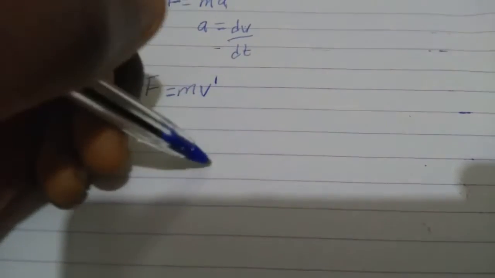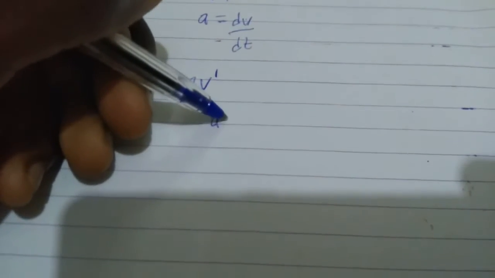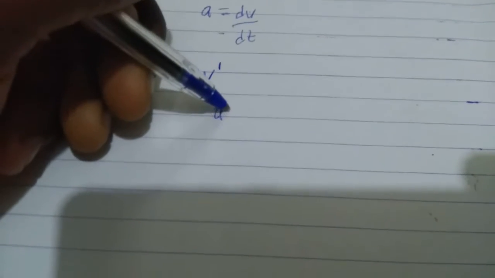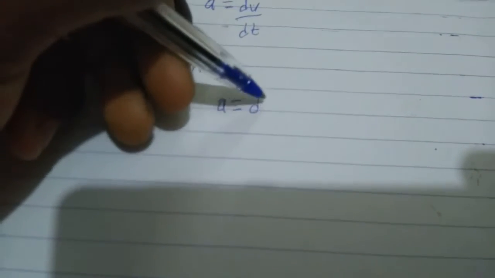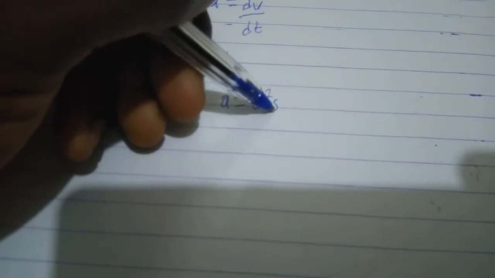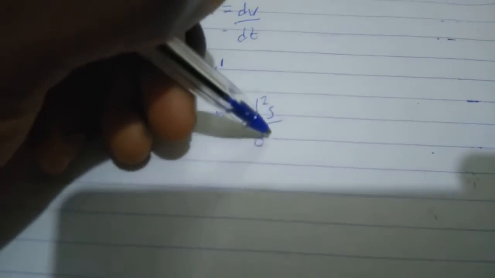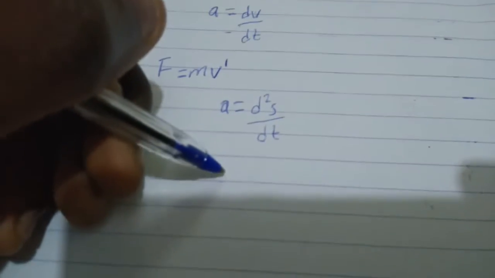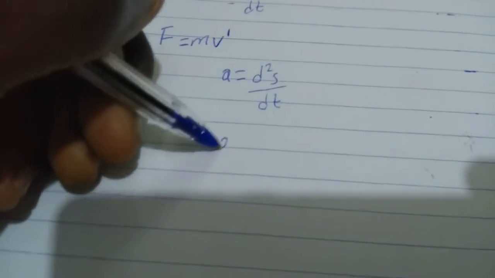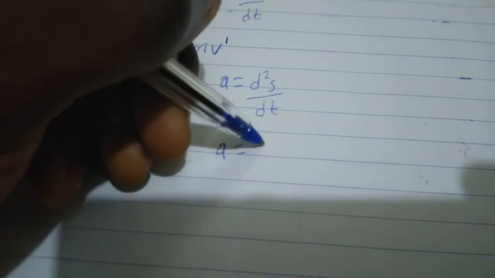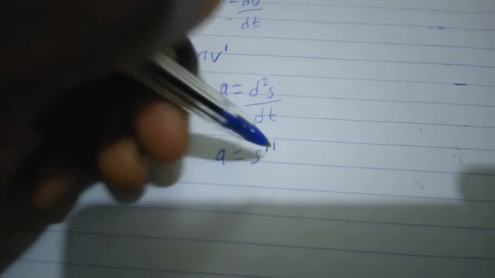But then you can go ahead to represent acceleration as d squared s over dt squared. So then we now have acceleration to be s prime prime.